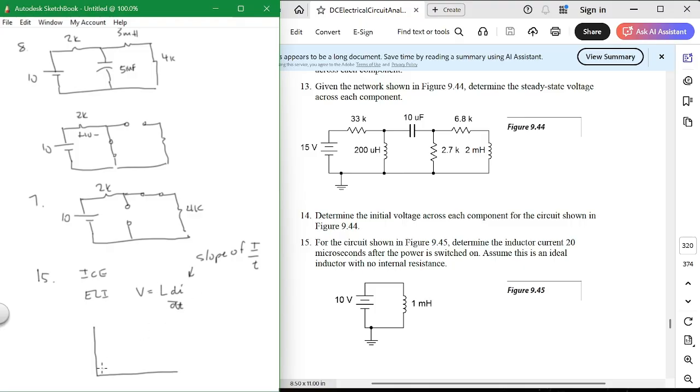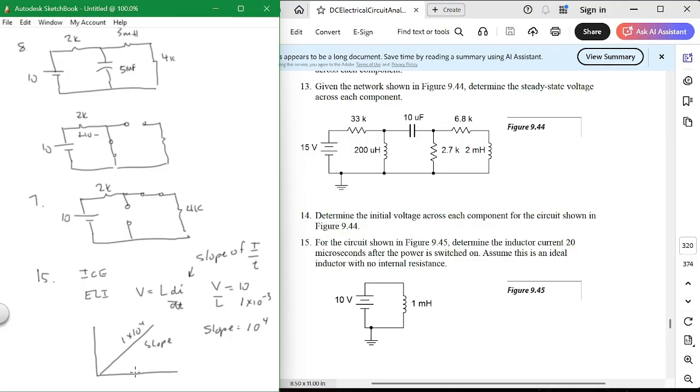So the slope of this line is going to be V over L. So it's going to be 10 over 1 times 10 to the minus third. So the slope of this line is equal to 10 to the fourth.